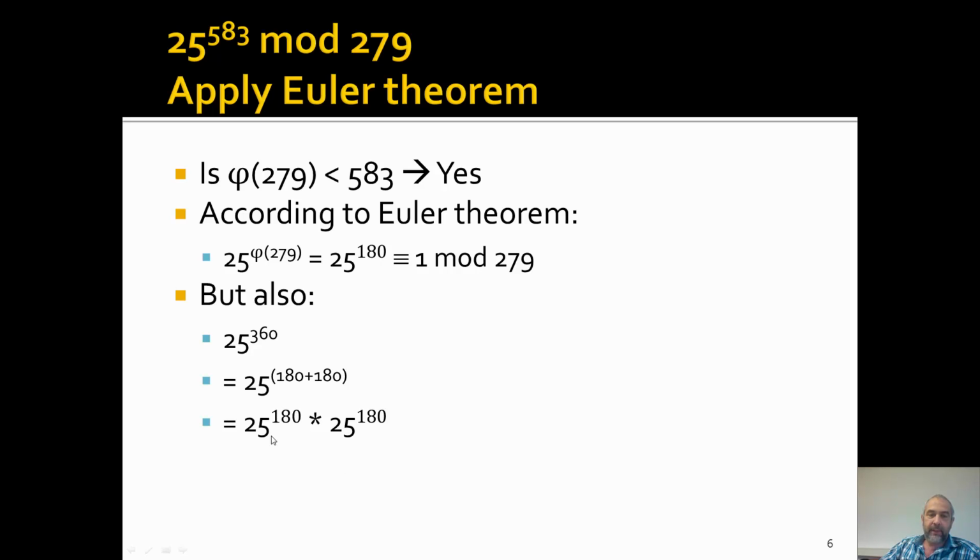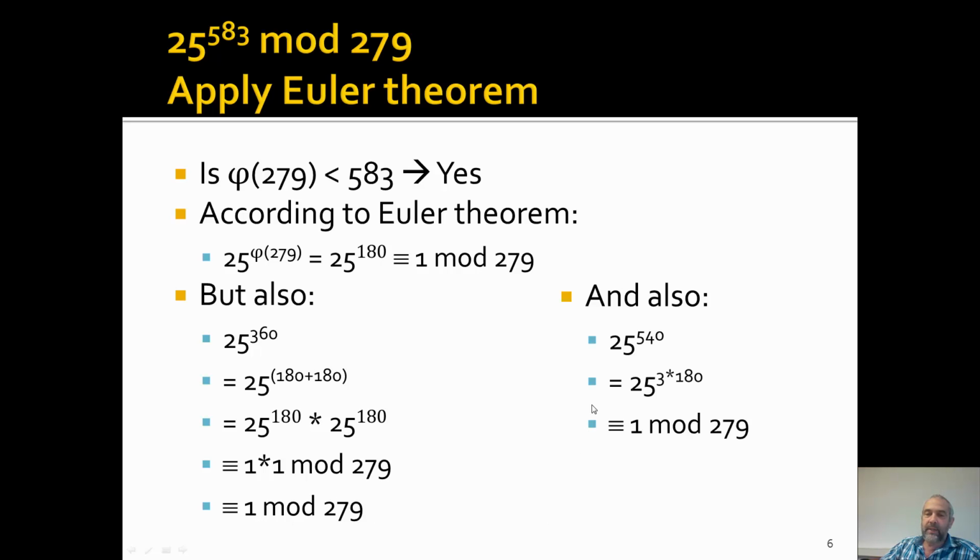We know already that 25 to the power 180 is congruent to 1. We saw that here. And this one is also congruent to 1, so this is actually just 1 times 1, and therefore also congruent to 1. 25 to the power 360 is also congruent to 1. And for the same reason, 25 to the power 540, 3 times 180, is also congruent to 1.